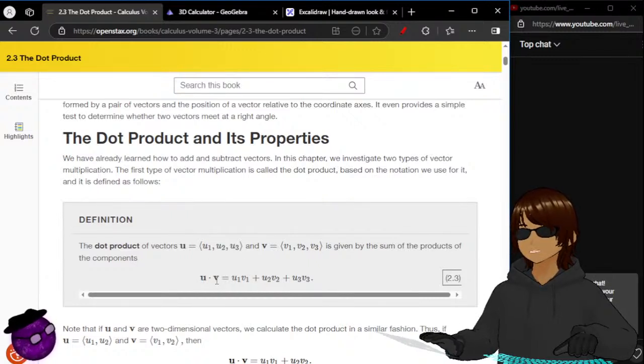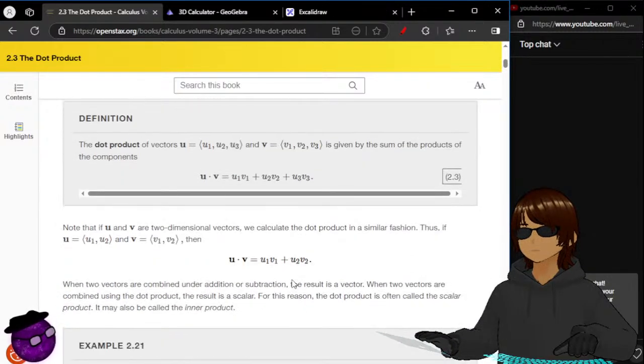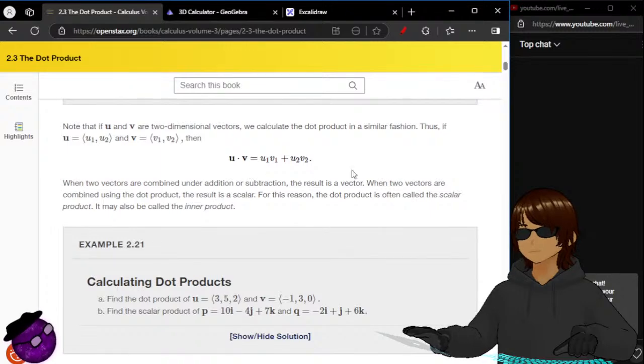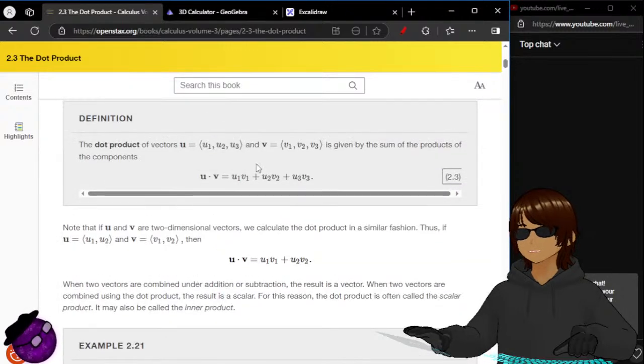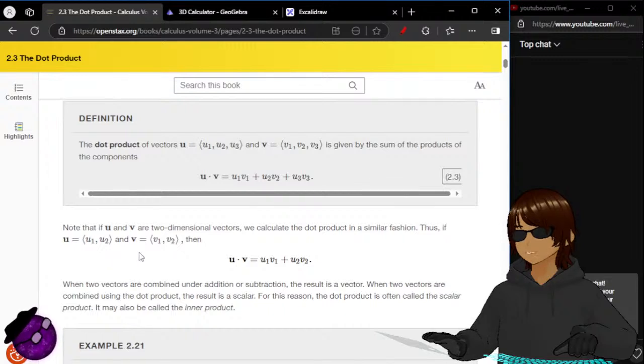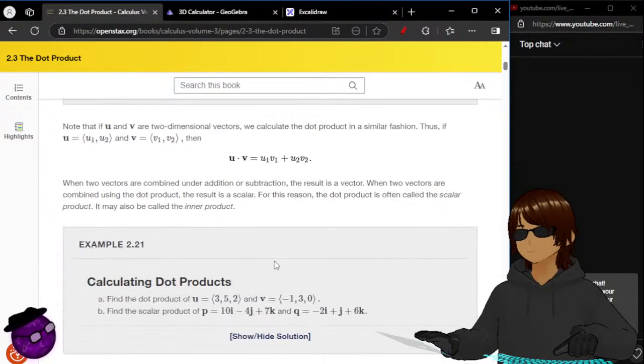So u dot v is u1 v1 plus u2 v2 plus u3 v3. Note that if u and v are two-dimensional vectors, we calculate the dot product in a similar fashion. Thus, if u is u1, u2 and v is v1, v2, then the dot product is u1 v1 plus u2 v2.